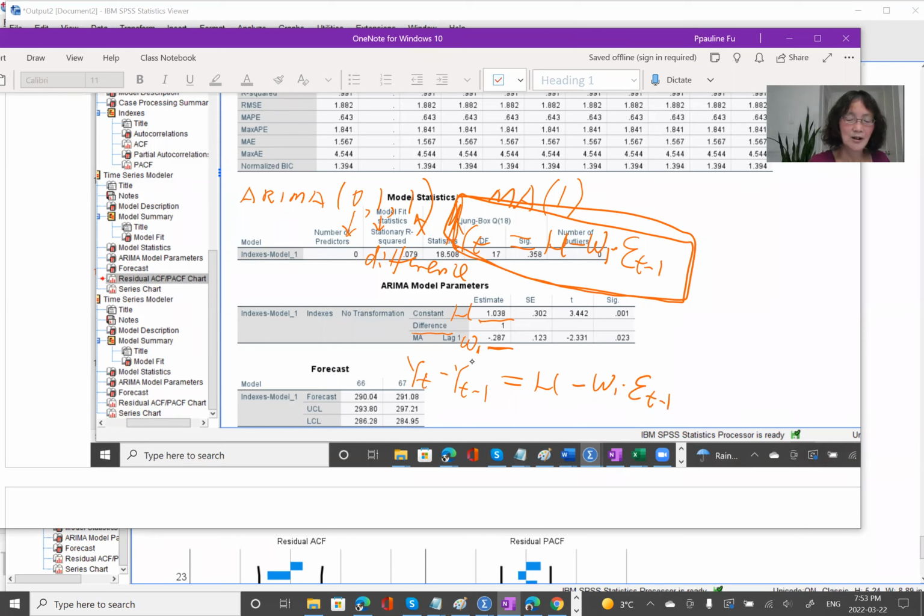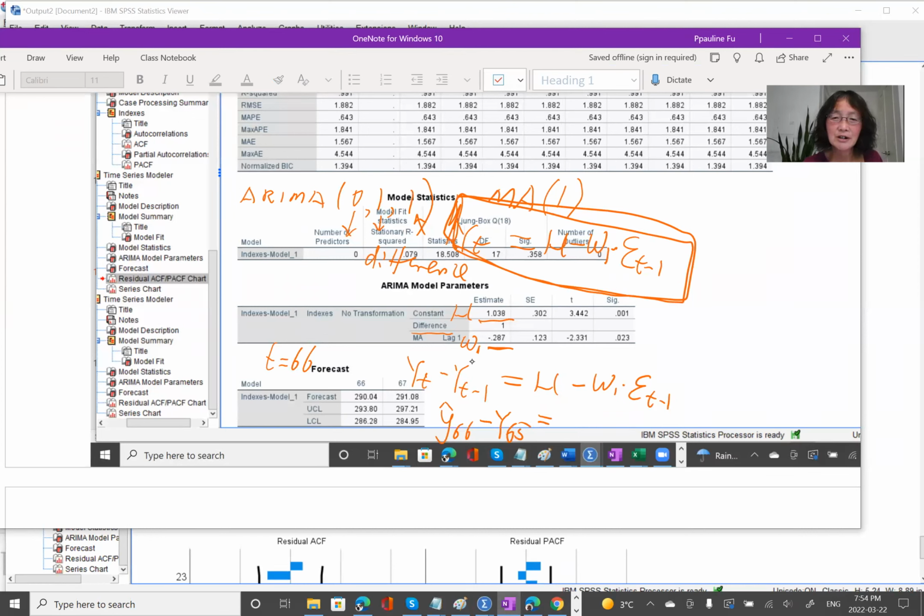So to forecast for t equal to 66, you do y hat 66 minus y65 equal to mu.